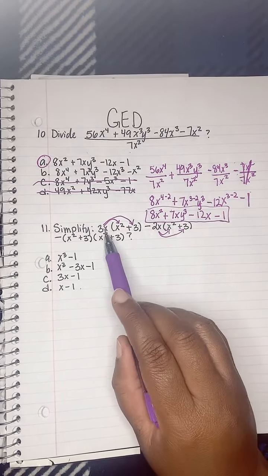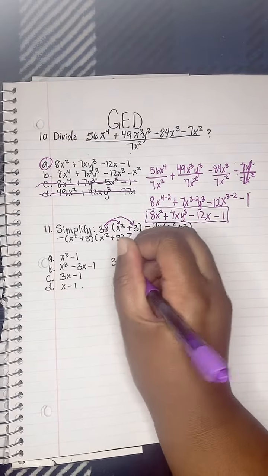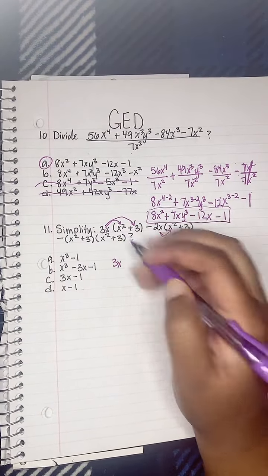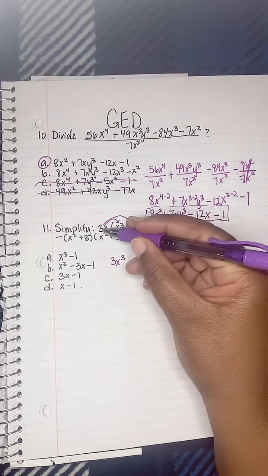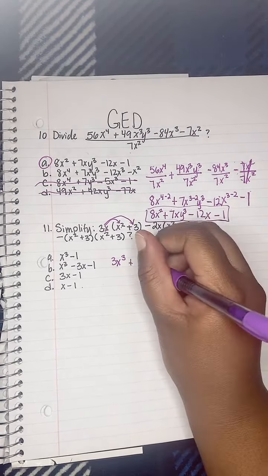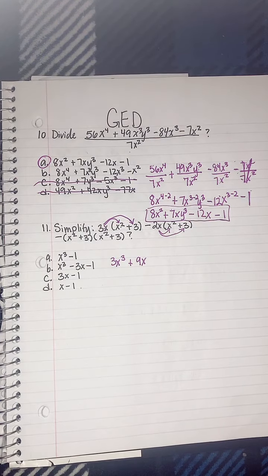Okay. So 3x times x to the second: I have 2 here and 1 here, so 3x to the 3. Plus 3x times 3 gets us 9x. Okay, Logan said 3x to the cube plus 6x. Good.